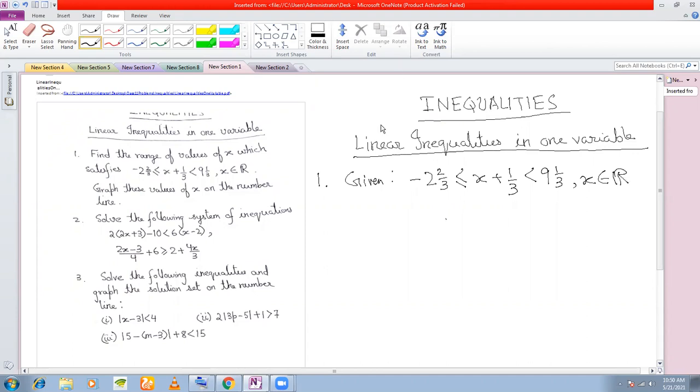Now remember, unless otherwise mentioned, you will always treat the replacement set as a set of real numbers from now on. Even if the replacement set is not mentioned in the inequalities, you will treat it as if x belongs to R. So keep that in mind.